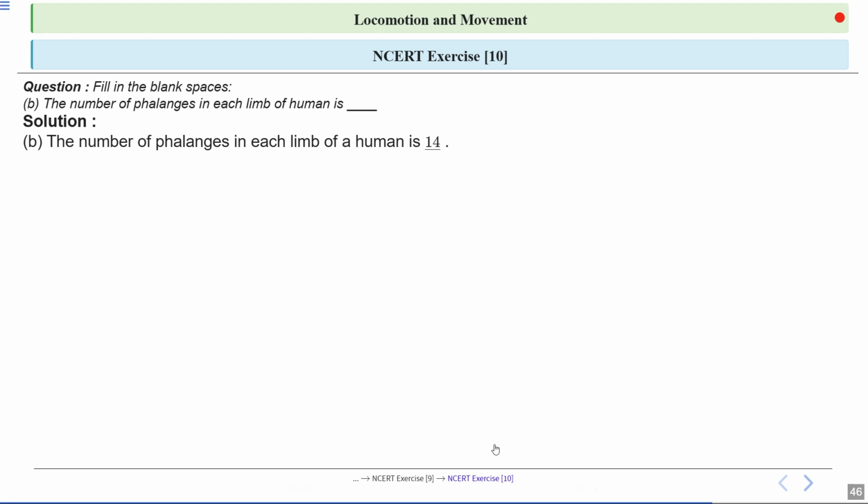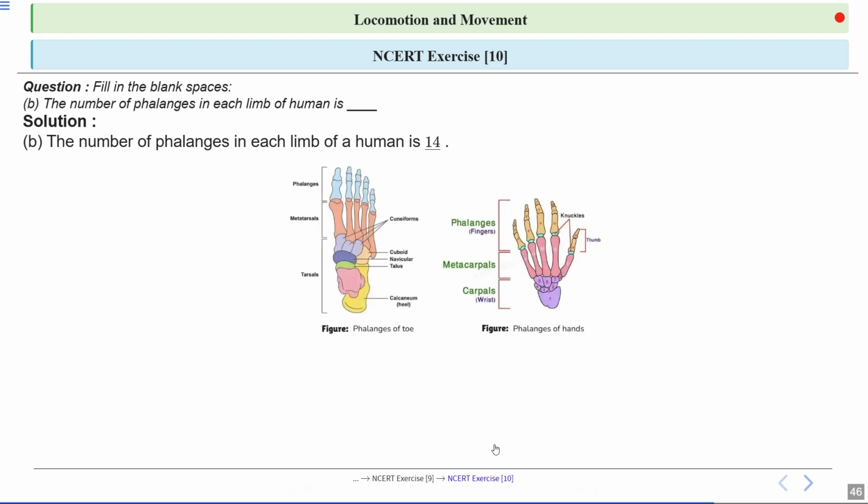Each limb, whether it's an arm or a leg, has 14 phalanges. This number might surprise you, but let's see how it's distributed in our hands and feet. So remember, phalanges are the bones that make up our fingers and toes. You can see in this picture the phalanges of the toes and hands, and their total number here is 14.